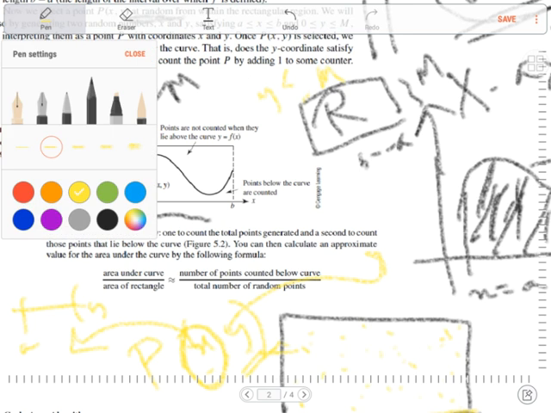Once we are choosing like that, what will happen? We are choosing the random numbers such that x is lying between a and b, and y is less than or equal to m and greater than or equal to 0. These are the boundaries of y and these are the boundaries of x that we are choosing.